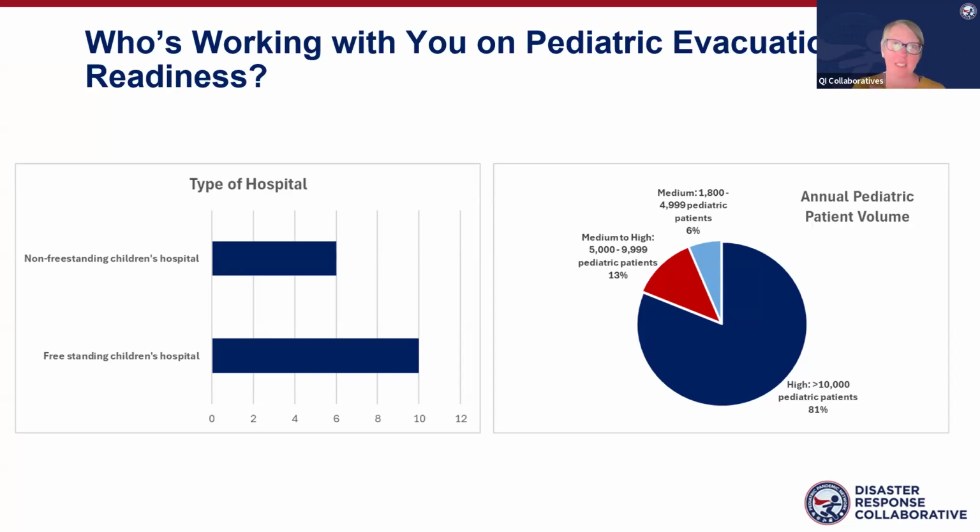This is interesting because some of the other focus areas are switched. The DRC is geared towards children's hospitals, but this graph does not look the same across focus areas.